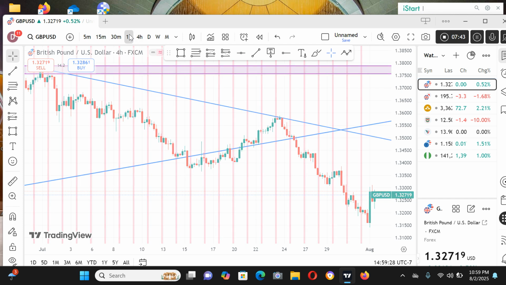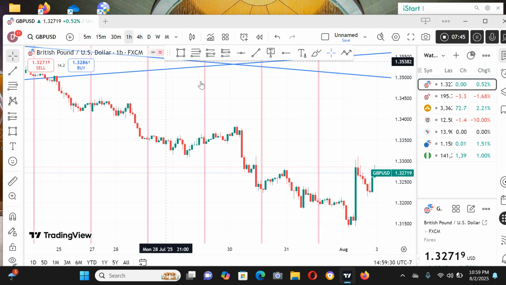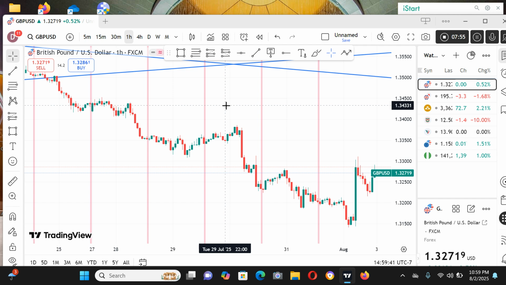So let's go and check the 1 hour time frame. You know, the essence of going through all these time frames, the daily, 4 hour, 1 hour, is to ensure that the market is actually in agreement across all these time frames. If we check the daily time frame, the market has broken the trend line, retraced, and is going down aggressively.